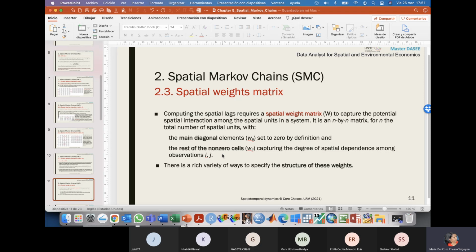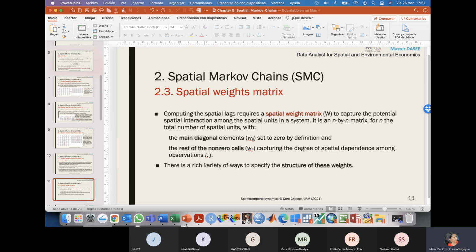They are capturing a high amount of neighborhood, or this phenomenon of considering neighbors. But as you know, sometimes it is not the best way of measuring this neighborhood around one unit. This is why this W matrix can introduce some other definitions.